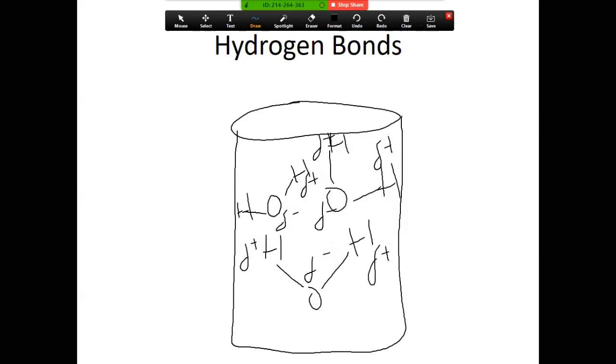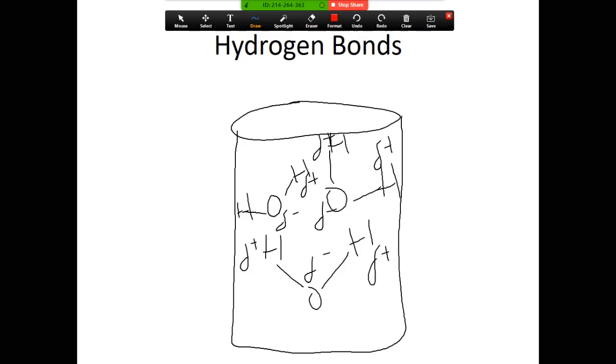So what do you think might happen when you get a whole bunch of water molecules in close proximity and there's a bunch of partial positive and negative charges? Well, as we said earlier, opposites attract. That same thing holds true.